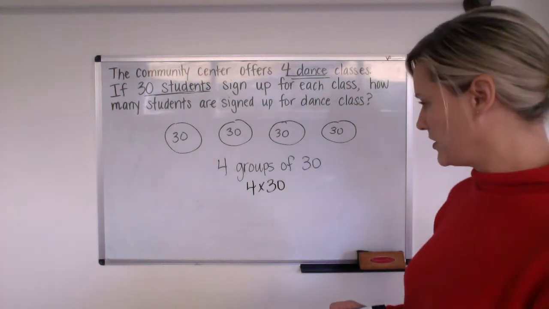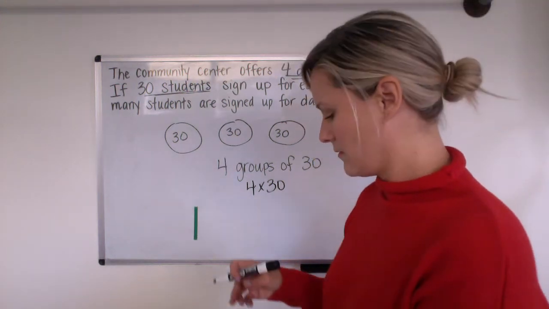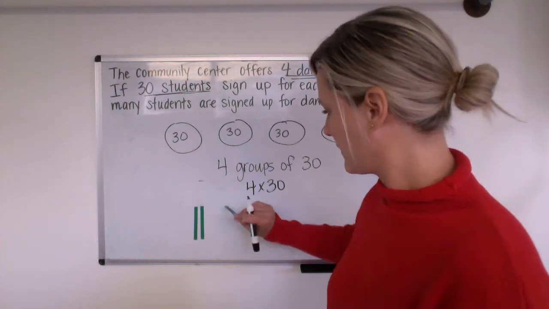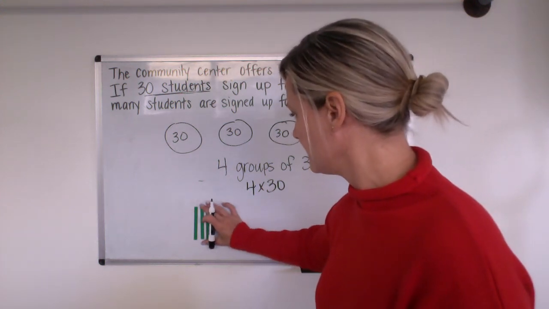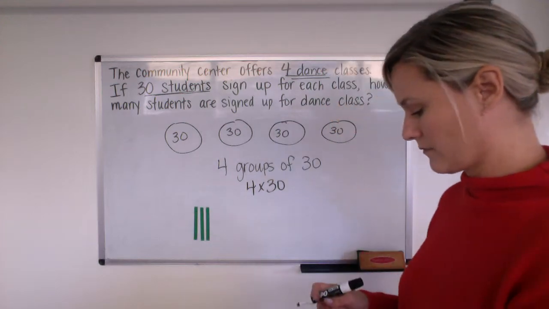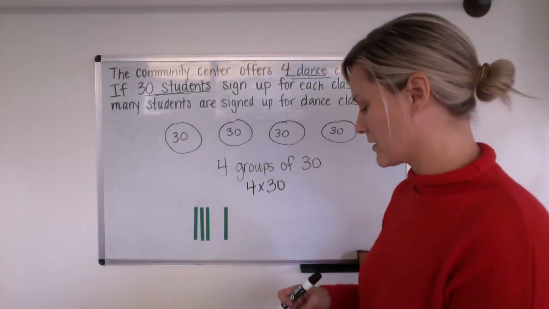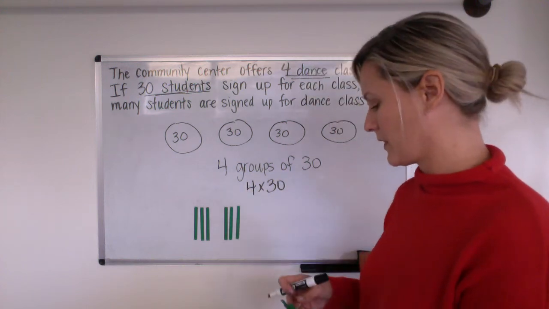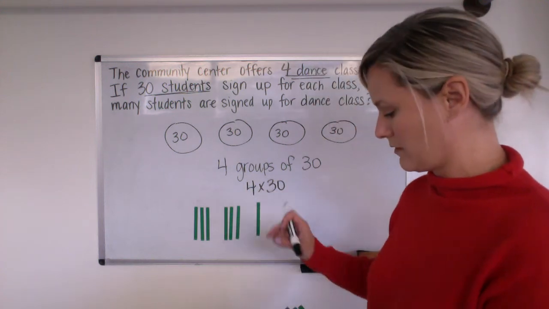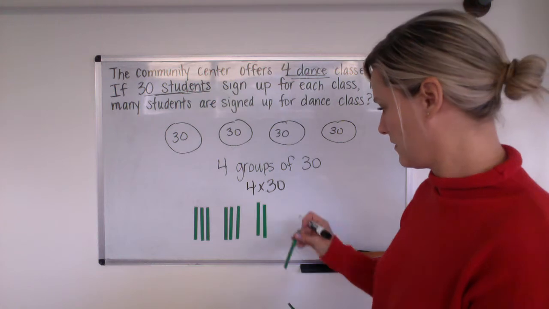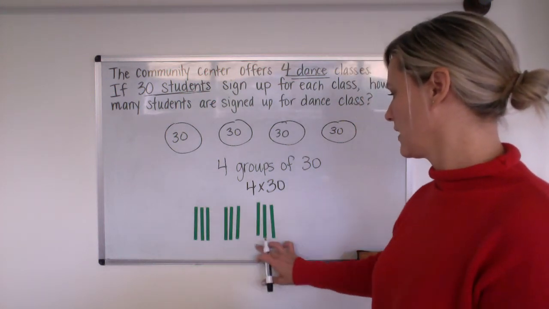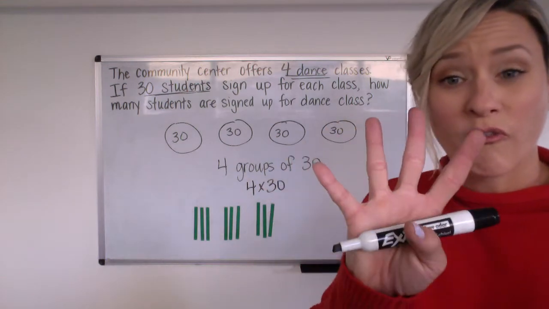So I think I'm going to do base 10, so 4 groups of 30. So there's one group of 30. Here's another group of 30. Here's another group of 30. That's 3 groups of 30. 1 group, 2 groups, 3 groups, and we need 4 groups of 30.